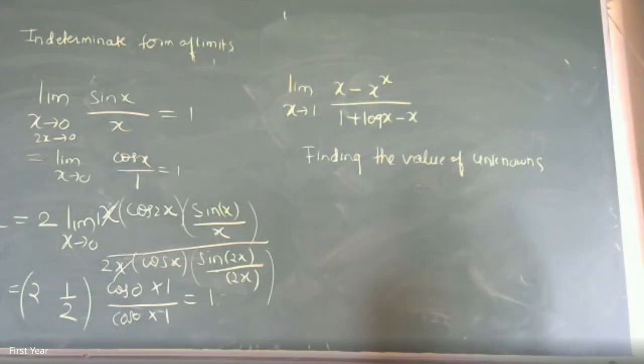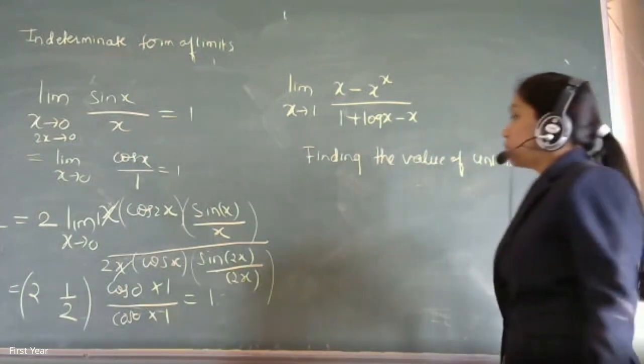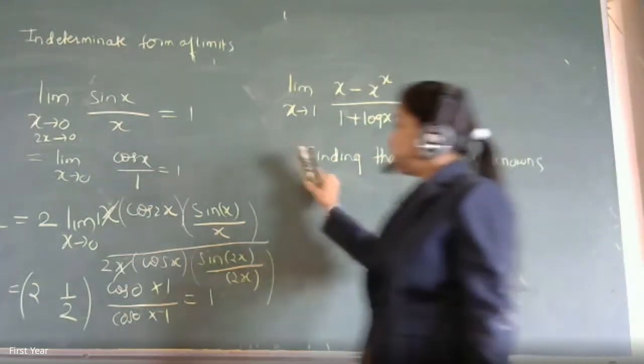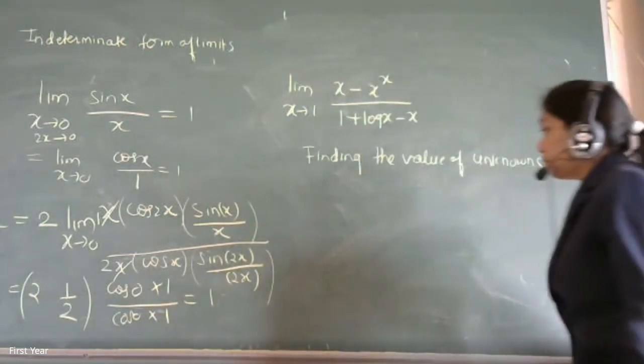So, what is the meaning of this? You have an indeterminate form, and in that there will be some unknowns A, B, C. These are the alphabets which will be used, and you have to find the value of those A, B, C. So the question which is there in your MCQ tutorial, give that question so that you can complete it. Tell me the question, please.